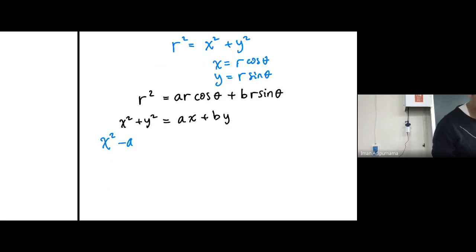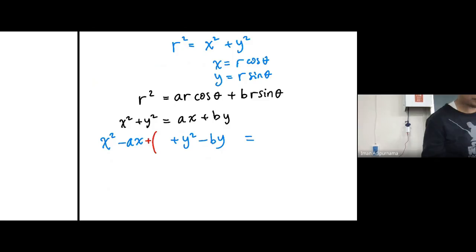So x squared minus ax plus y squared minus by. Let me move it here. And we solve it to complete the standard form of the quadratic function. What we need to do is to see here a and b, divide this by 2, and then square. It's called completing the square. So divide by 2 and then square.